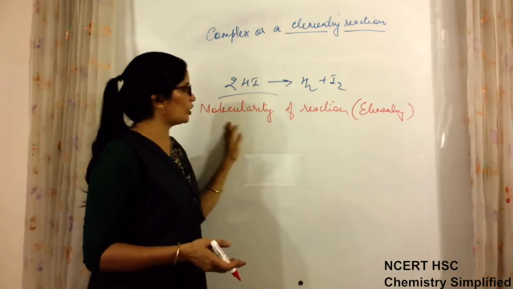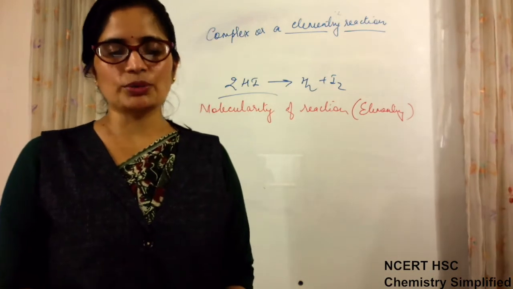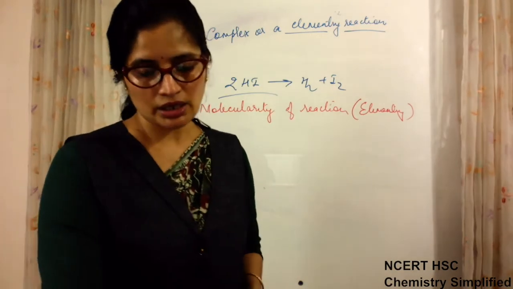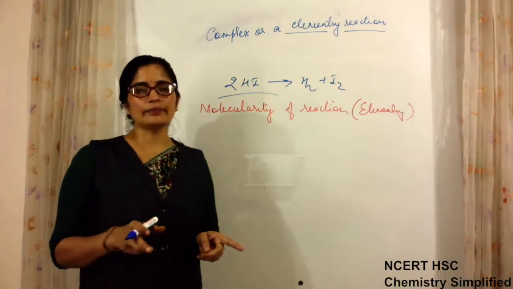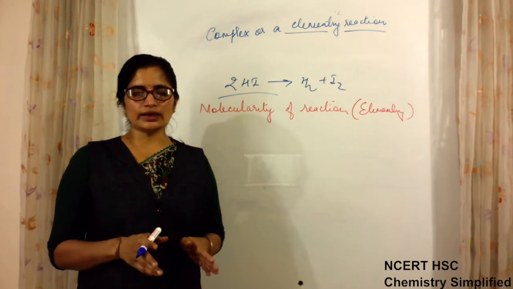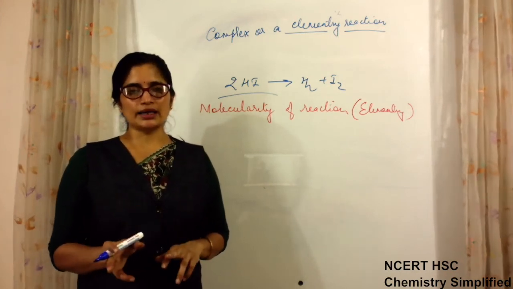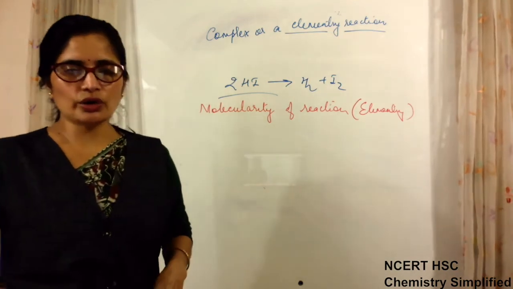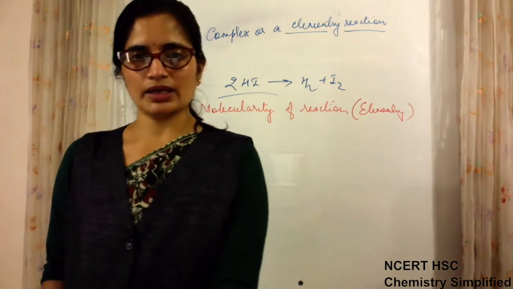Clear? So molecularity can be known with the help of the stoichiometric coefficients of an elementary reaction. Now you should know the difference between molecularity and order of reaction. Molecularity is the number of molecules combining in a balanced elementary chemical equation, and order of reaction is how these reactants affect the rate of reaction.